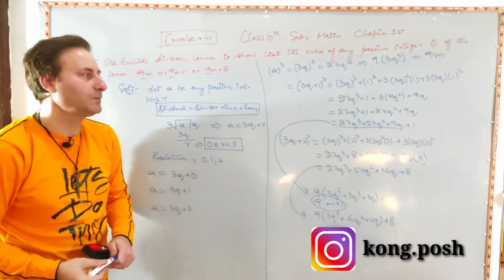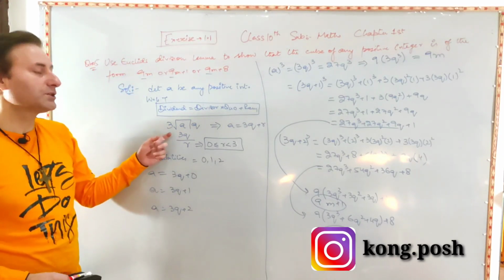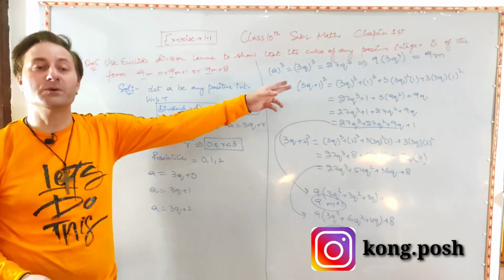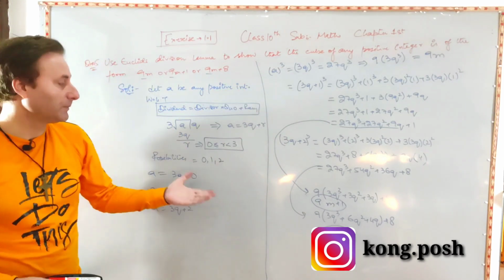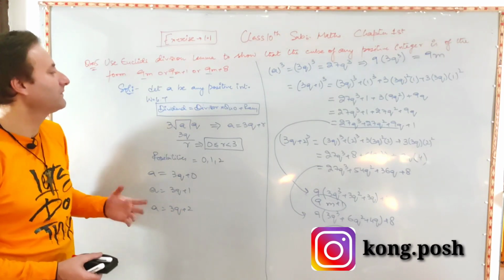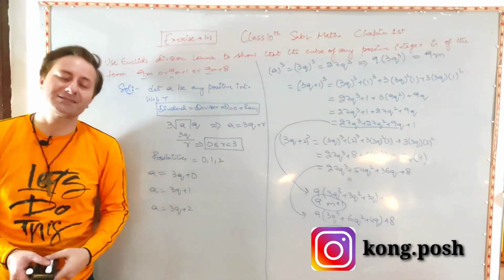Okay, so even though we did the question with 3, we still got 9. Why? Because it was a cube. So we can get it by this method as well. So this finishes question number 5, and this finishes your exercise as well.